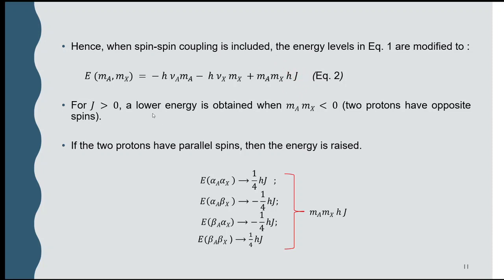And so for J, which is positive, a low energy is obtained when you have the two protons which have opposite spins, and if they have parallel spins, then the energy is raised. Now here is the additional term, and these are the respective additional terms for all these energy levels.